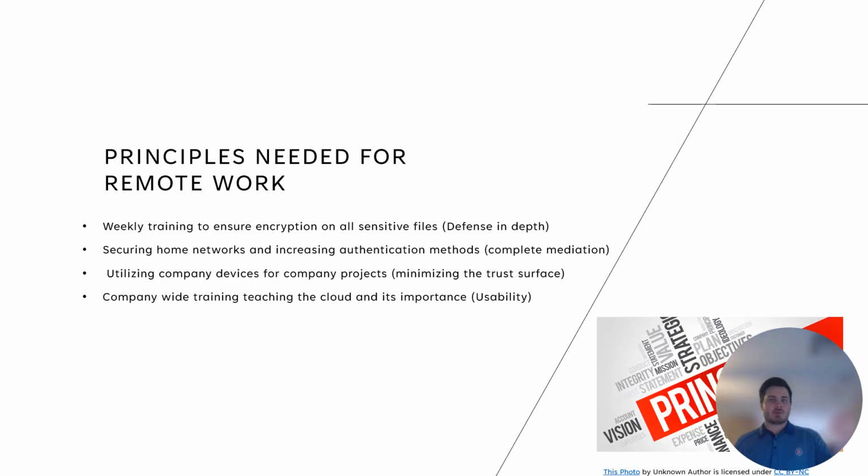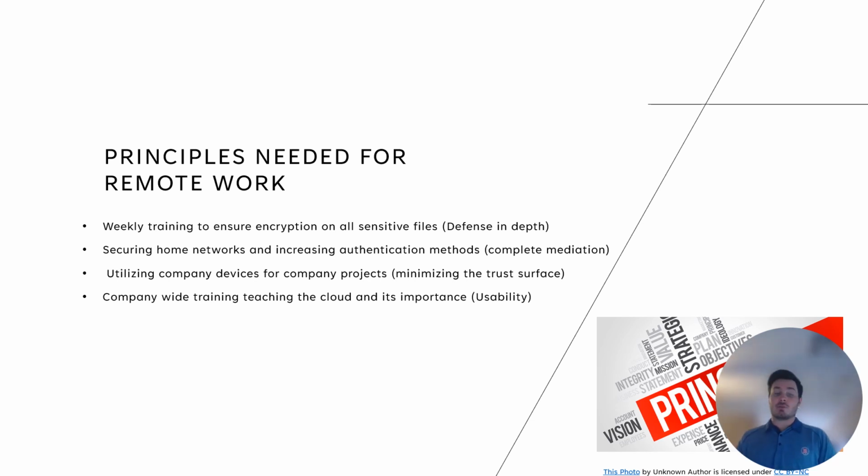So the principles, just for a recap, we need these principles to update and make our systems more secure and easy for our employees to understand. We need weekly trainings just to ensure all encryption on sensitive files, fix that defense in depth. We need secure home networks and increasing authentication methods. This means providing a company-wide VPN so that complete mediation is fulfilled.